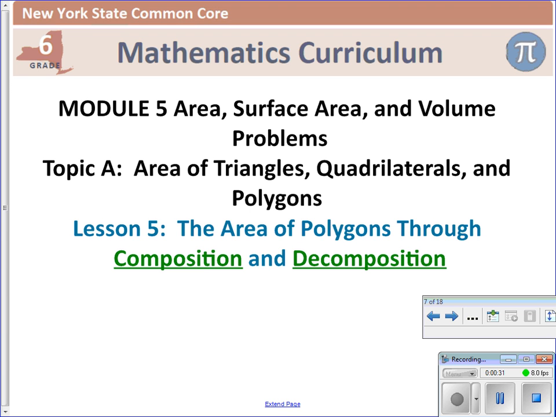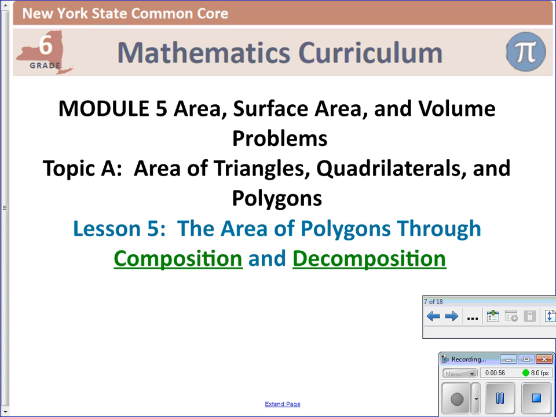So we're going to be looking at triangles and rectangles, all different shapes, and finding their area through something called composition and decomposition. So if you're writing a composition, in ELA or your DBQ in social studies, and you're told to compose an essay, what are you doing? You're making it. You're putting it together.